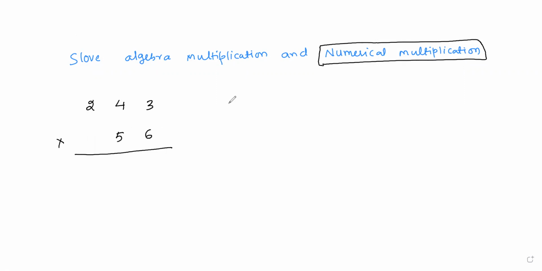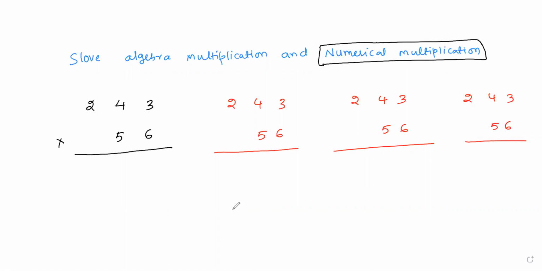Now see. Let me write the steps, so then you can easily understand. Onwards, once you understand the steps, I'm not going to write all the steps. I will do it directly. Let me show you here.